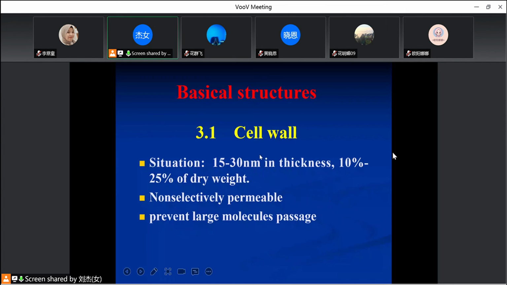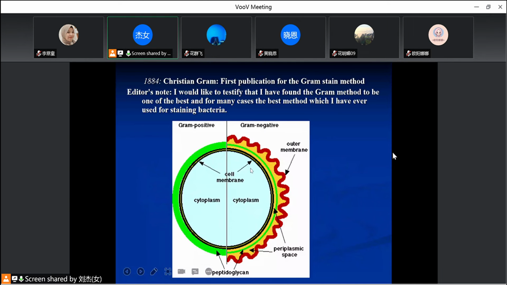Most of the material on the cell wall of bacteria is the material which causes a toxic reaction in the host. So the cell wall contains something special. Let me show the gram-positive and gram-negative.